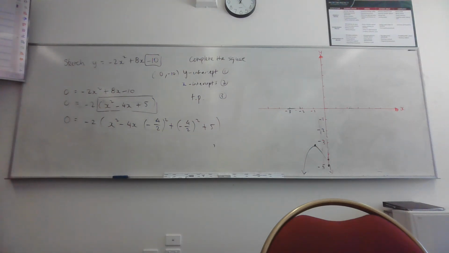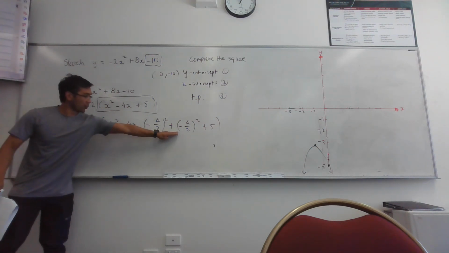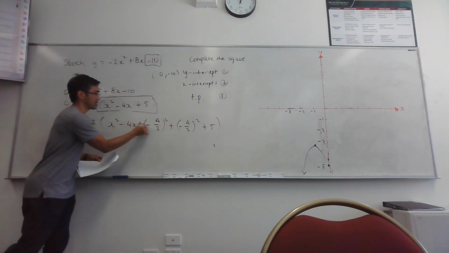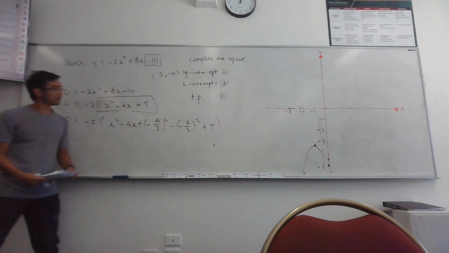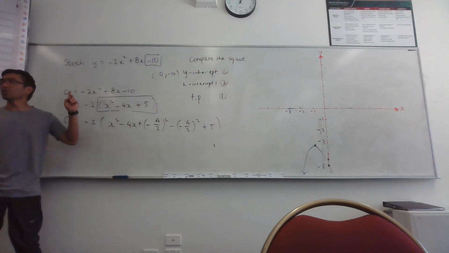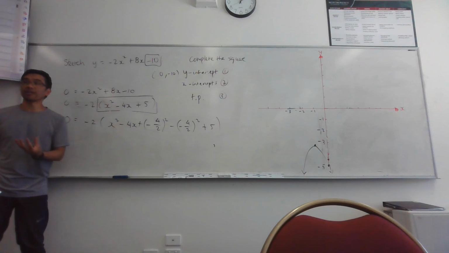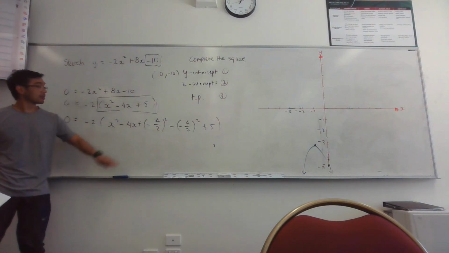Now, I've mixed that up. That's a plus and this is a minus, my bad. They cancel each other out, but we need them right now. We're not going to cancel them out.